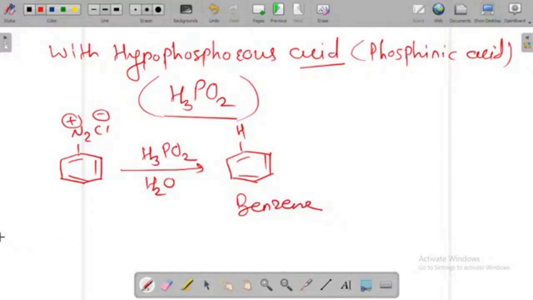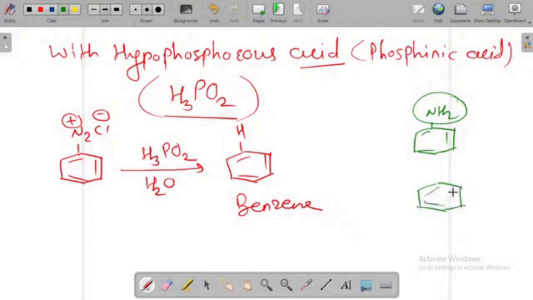So we can prepare benzene also with the help of hypophosphorus acid from this benzene diazonium chloride salt. Ultimately, we have removed the NH2 group from the benzene ring, and we prepare benzene with the help of this diazonium salt.